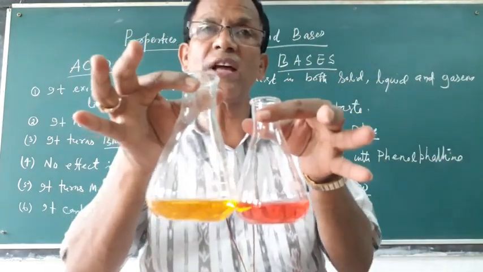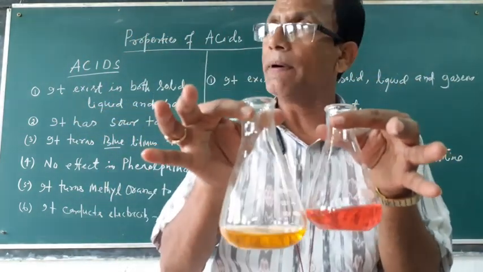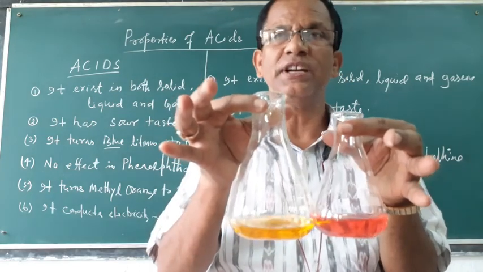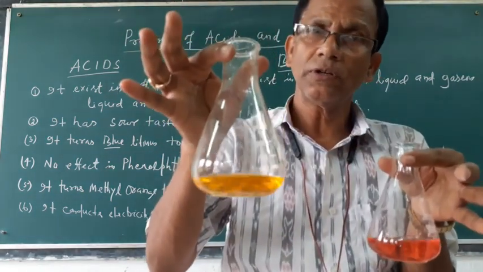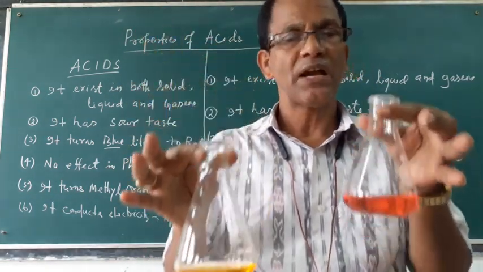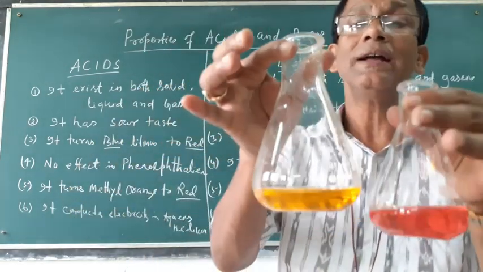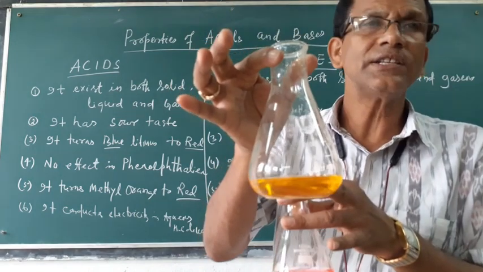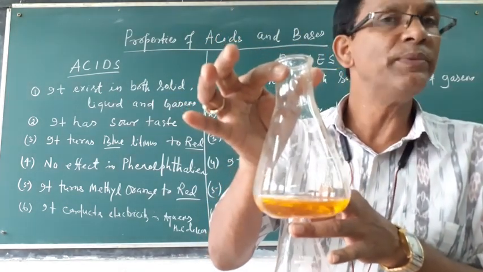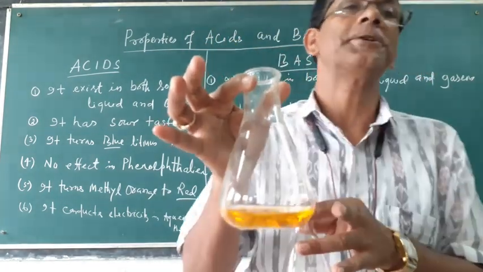These are the two types of solution. I have added methyl orange indicator in this solution, and in this solution also I have added methyl orange. You see the difference of color. When the color changes to yellow with methyl orange, that is basic.